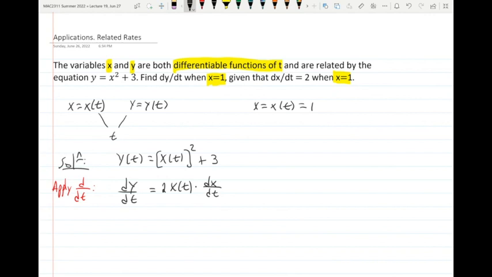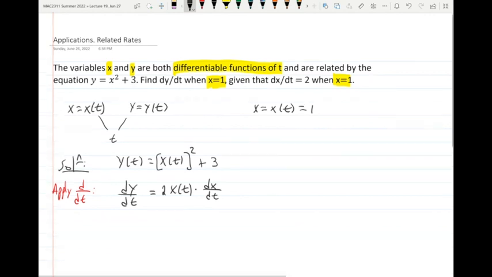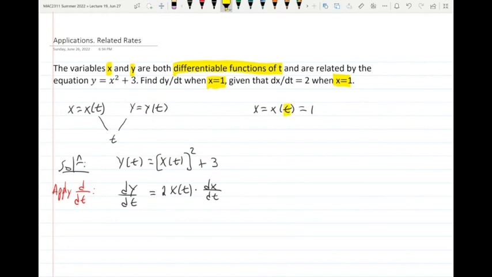Let's look at the equation. To find this value, you just need to know this value for x and this value for dx dt, and all of that is given to you. But there is a meaning to this. Basically, I'm fixing a moment in time here.